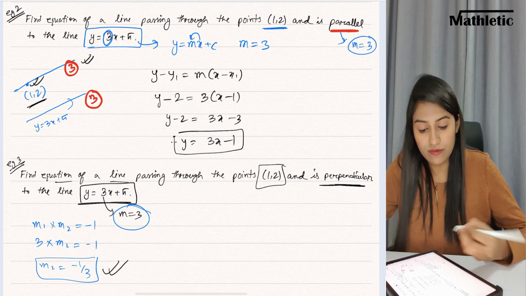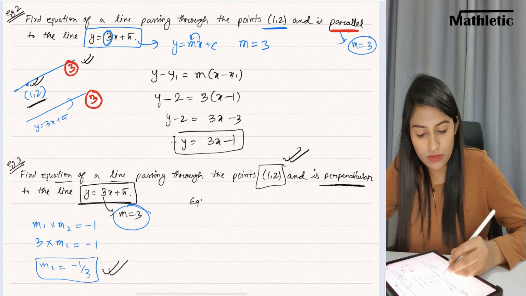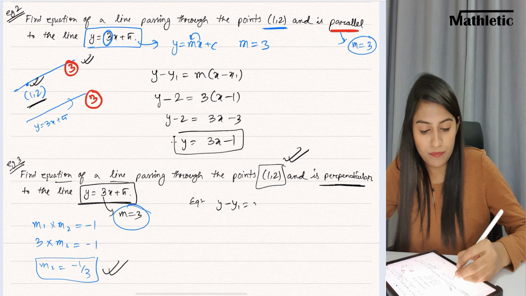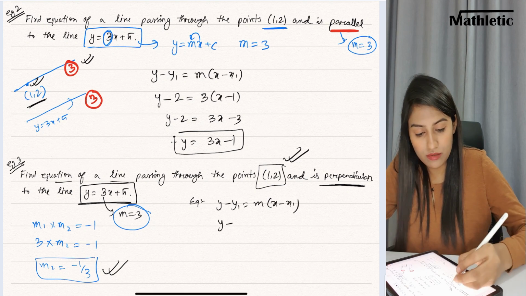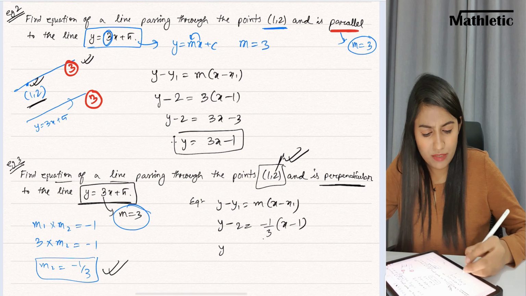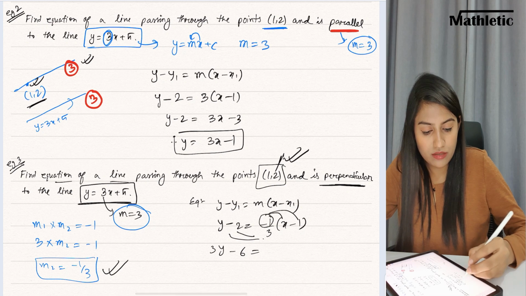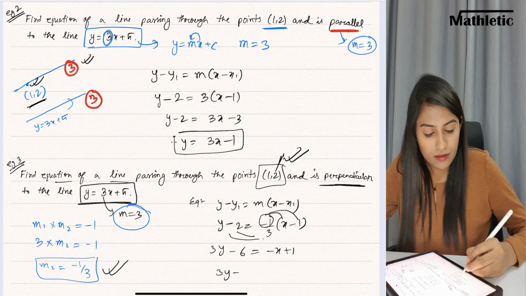Now you have the gradient and the coordinate, so we just use the formula. y minus 2 equals minus 1 by 3 times (x minus 1). If we cross multiply the 3 to the left side, it's 3y minus 6, and we have minus x plus 1. So 3y equals minus x plus 7.